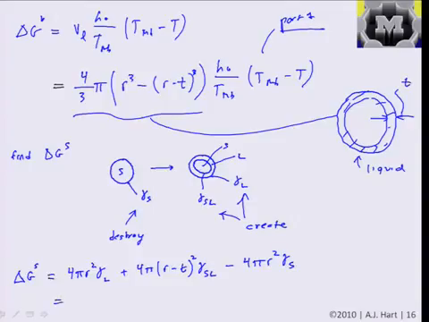And then if we collect like terms here, we have 4 pi r squared times gamma L minus gamma S, and we have 4 pi times r minus t squared times gamma SL.